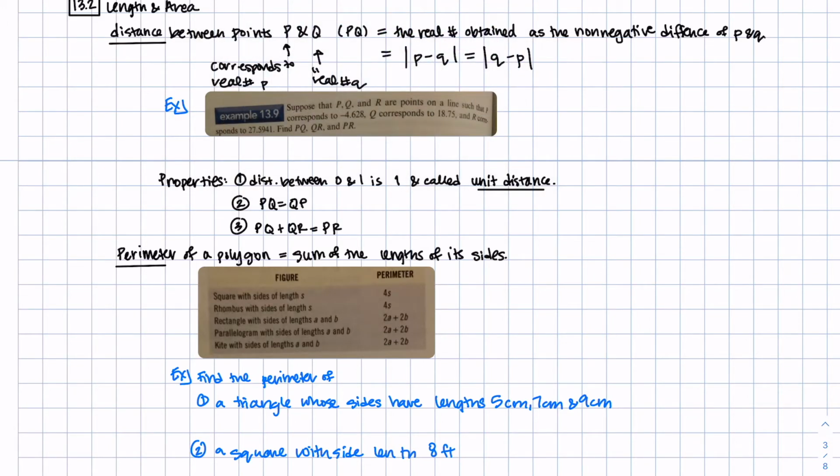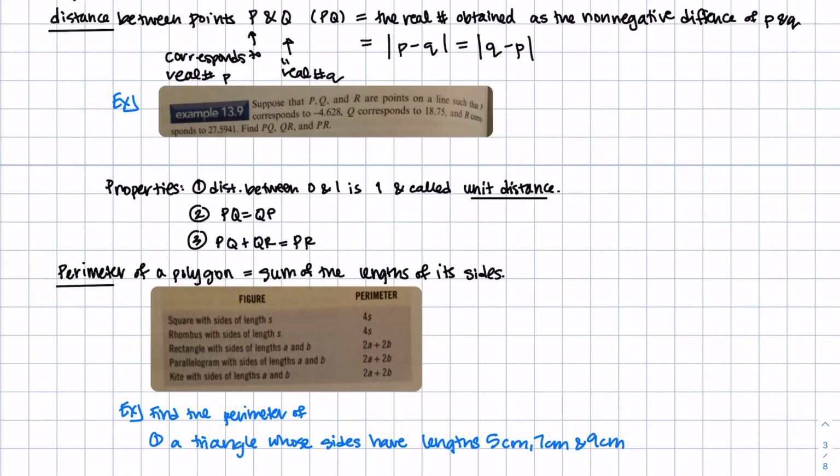Okay, so to look at a quick example, we have 3 points, P, Q, and R on a real line. P corresponds to negative 4.628, Q corresponds to 18.75, and R corresponds to 27.5941. And we want to compute these 3 distances. So PQ is going to be, we can take it as P, which is negative 4.628 minus the 18.75.